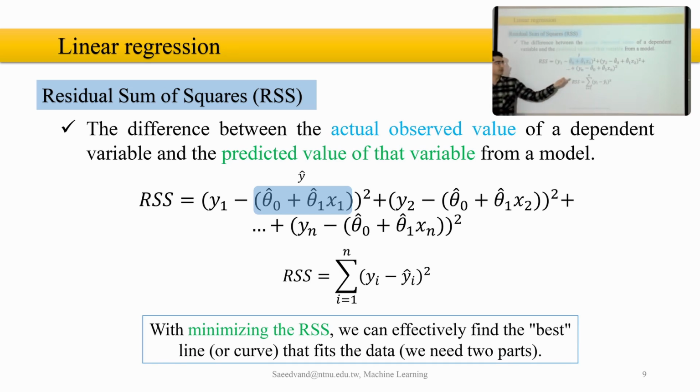The residual sum of squares can be written as the sum of the squared differences between y and y hat. This gives me the RSS metric. We will see in continuation why we are defining this and why we want to use it.